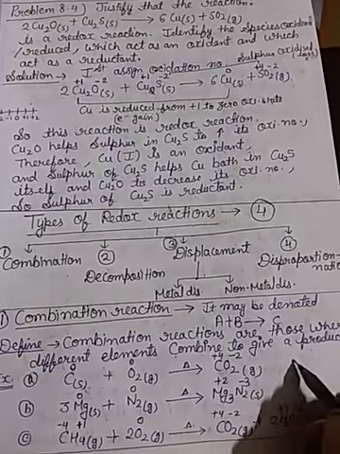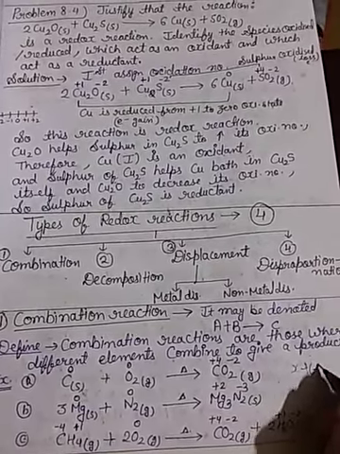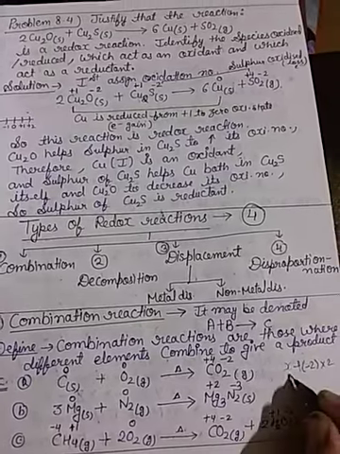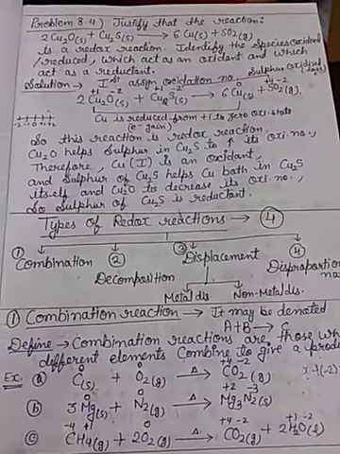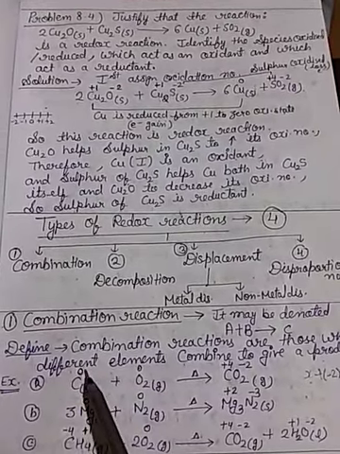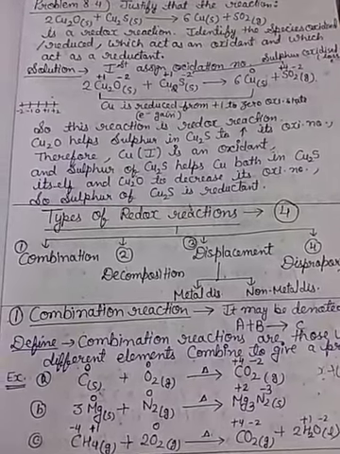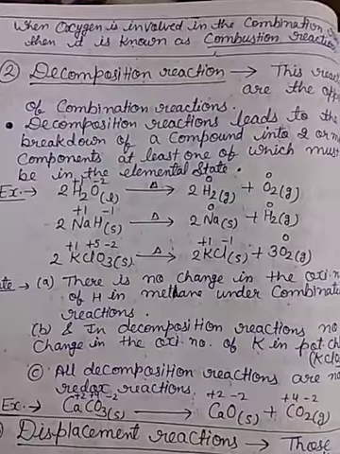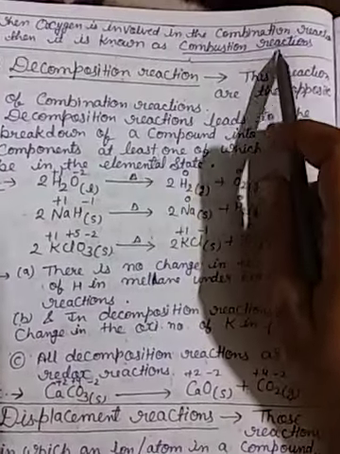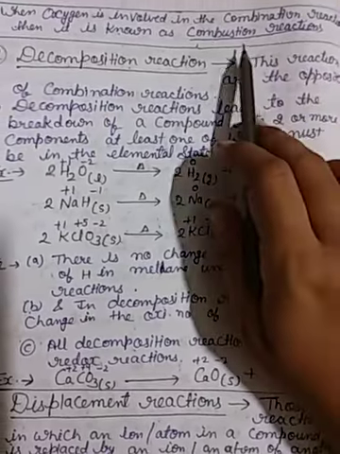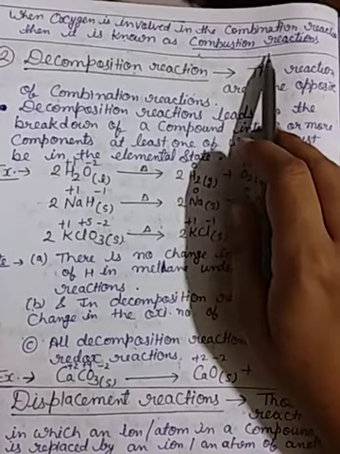Here X plus 2 times -2 oxygen gives X equals +4 for carbon. It is necessary to denote the oxidation number of each element. When oxygen is involved in a combination reaction, it is known as a combustion reaction. That means if any oxygen is attached, it is considered a combustion reaction.